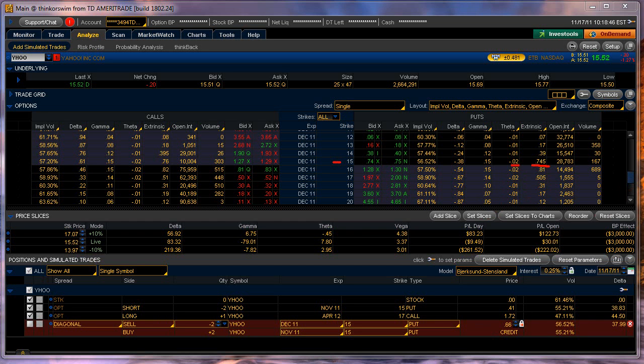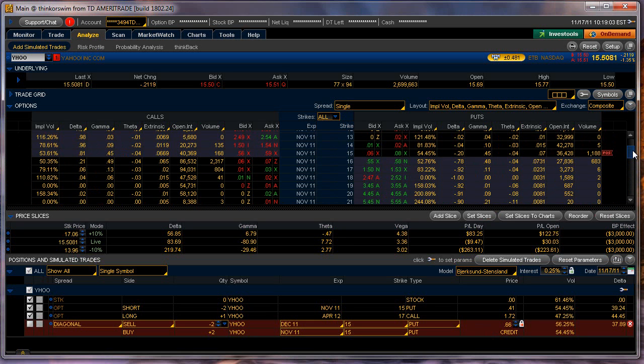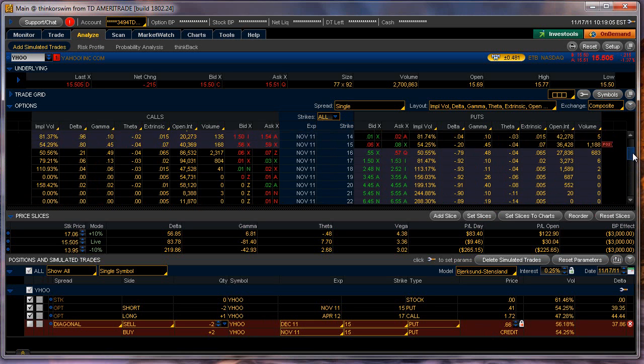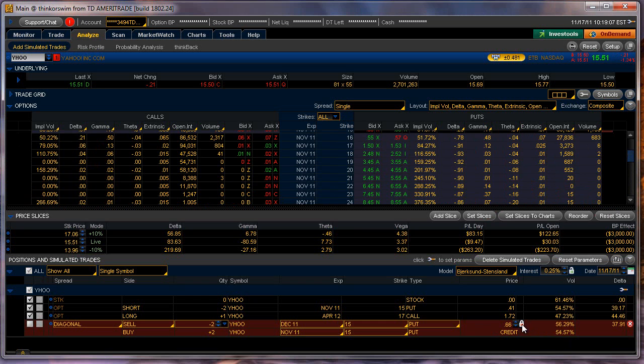So best case, 2 cents versus 4 cents. Probably could roll this today. Right now, we're looking at a 66 or maybe a 67 cent credit.